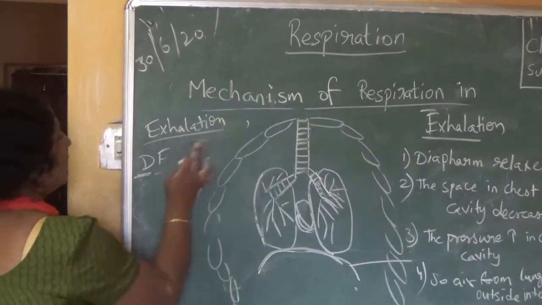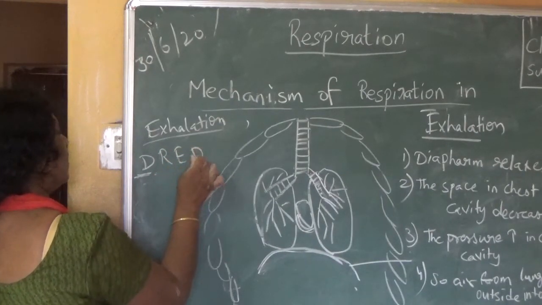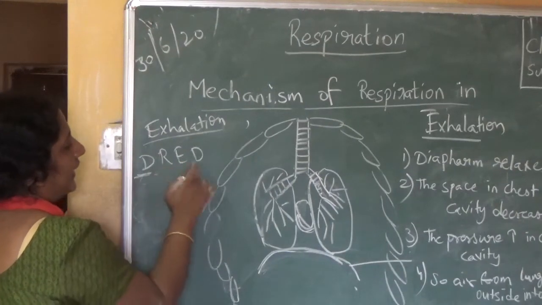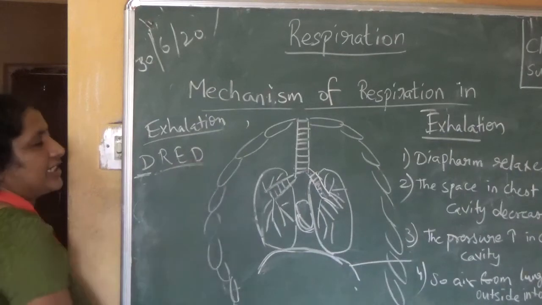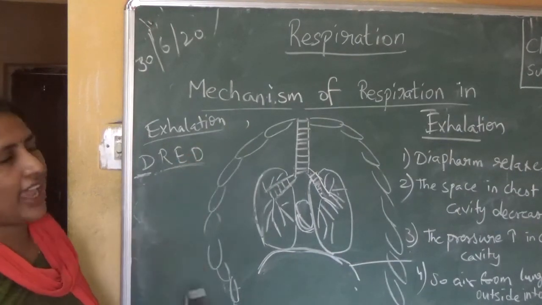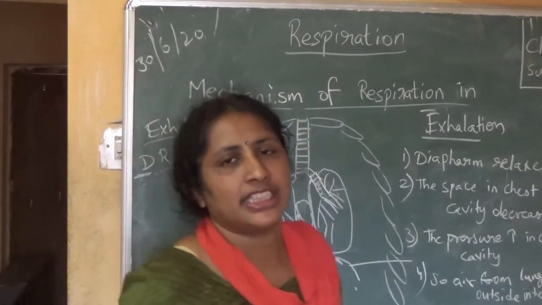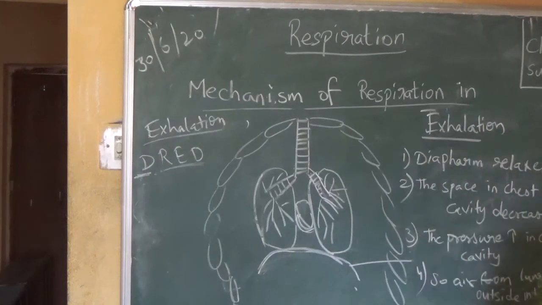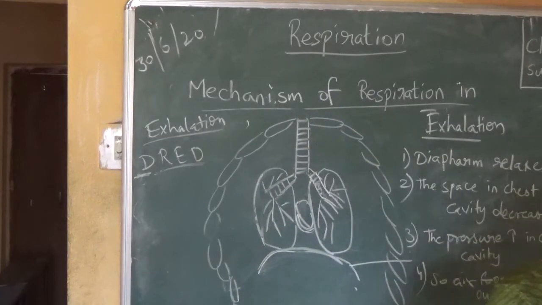Or you can write like this also if you want to remember: diaphragm relaxes during exhalation, and the chest cavity, the space in the chest cavity decreases. If the space is decreased, the pressure is more. The pressure is more, which means the gases are sent outside. This happens in the chest cavity. Okay?